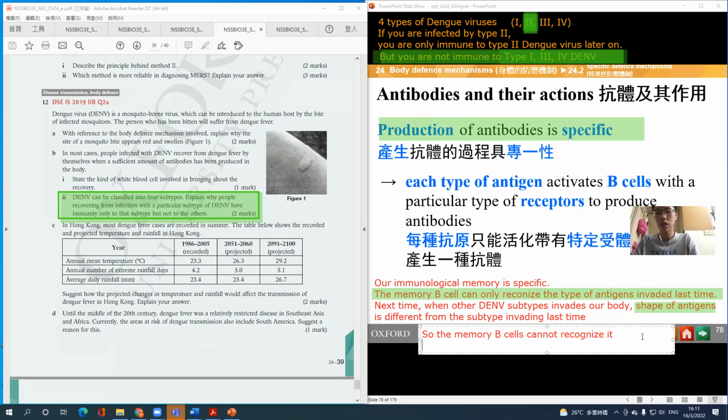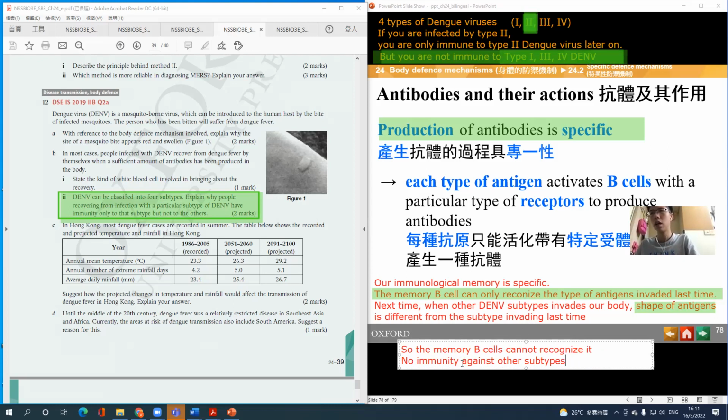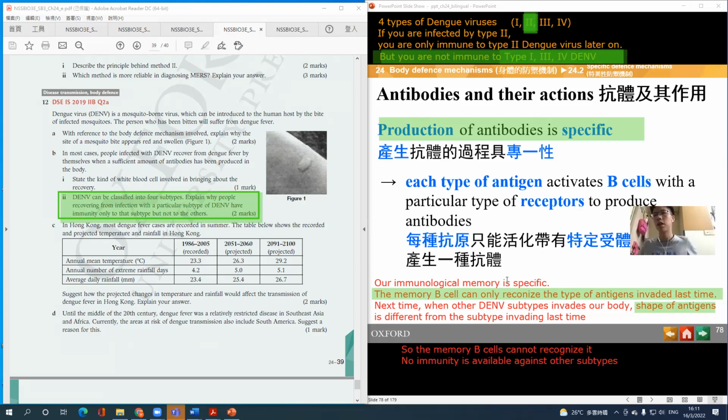Okay, so there's no immunity against other subtypes. No immunity is available against other subtypes. This is a concept.